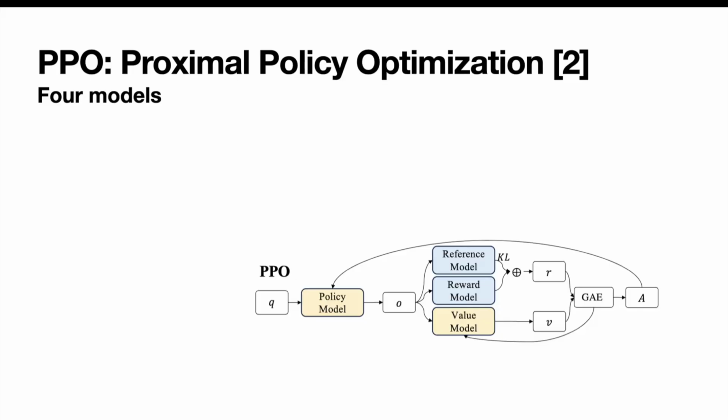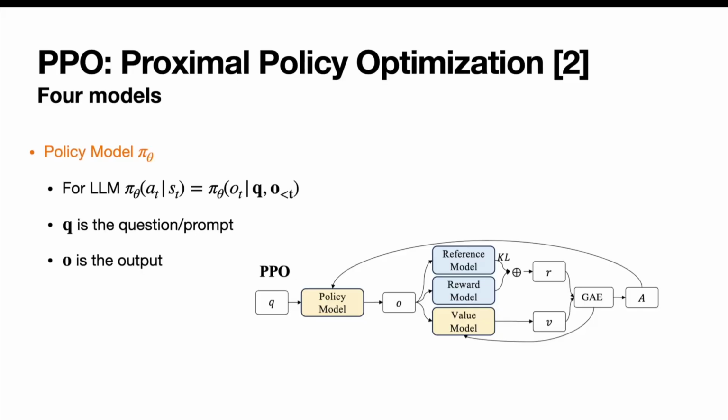Let's start with PPO. There are 4 models involved in PPO. The first one is the policy model. This is the language model we want to optimize. For an LLM, the policy gives us the probability of the next token, conditioned on the prompt and the tokens generated so far.